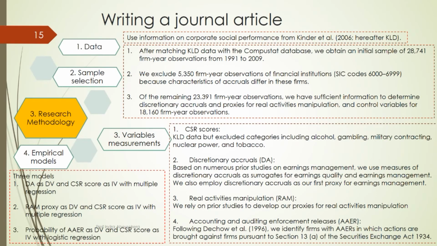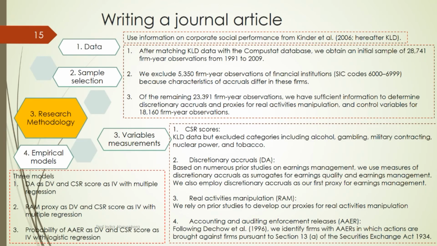Then it outlined how variables were measured. So there were four main variables: CSR scores, discretionary accruals, real activities manipulation, and accounting and auditing enforcement releases produced by the regulators.